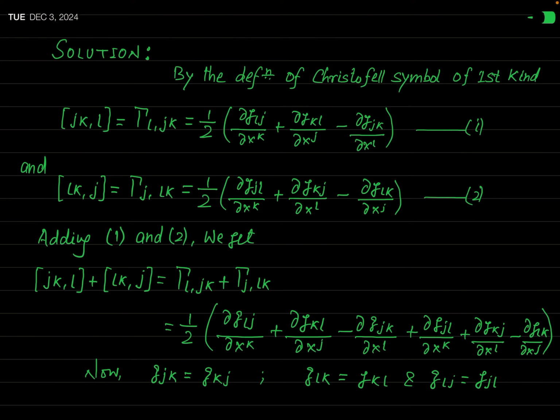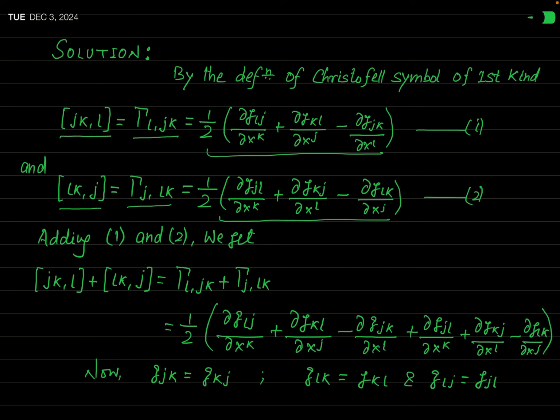Let us see. By definition we know that this first kind Christoffel symbol JK comma L, which is equal to gamma L comma JK, is equal to this much. This is just the definition. In a similar manner, this first kind Christoffel 3-index symbol LK comma J, which is denoted by gamma J comma LK, is defined like this.